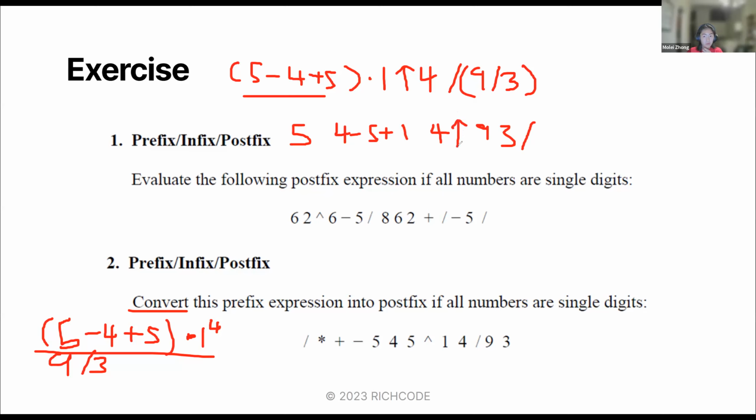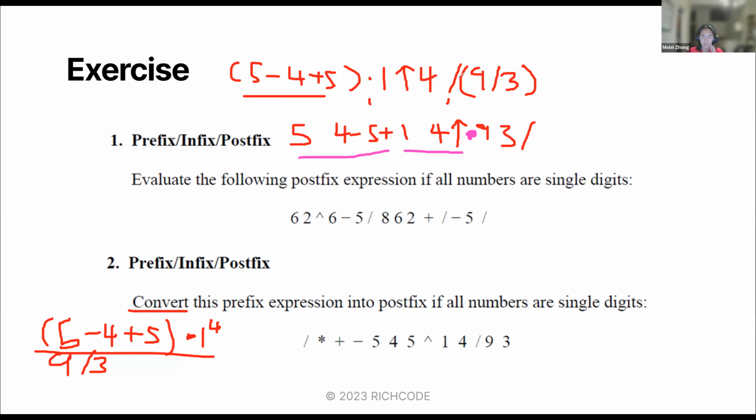And then we also have the multiplication and division left. So we're multiplying 5 minus 4 plus 5 by 1 to the power of 4. Let me change color so it's easier to see. So this is one term, and this is our other term. We'll just put the multiplication after both of these.